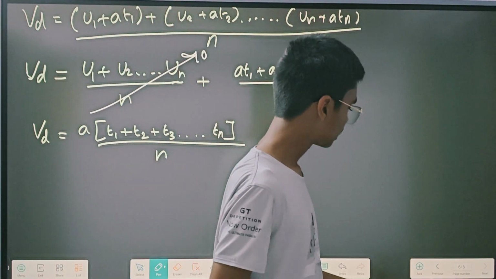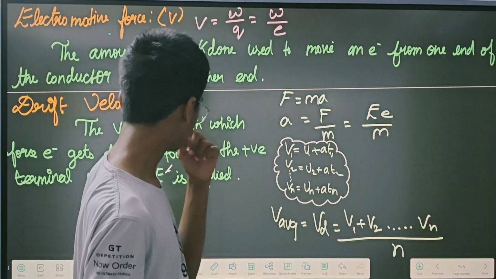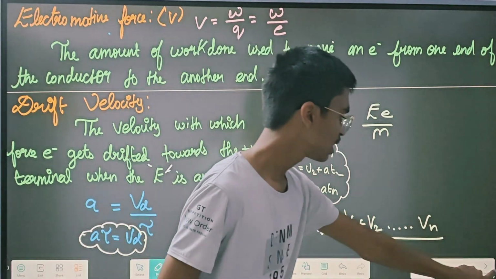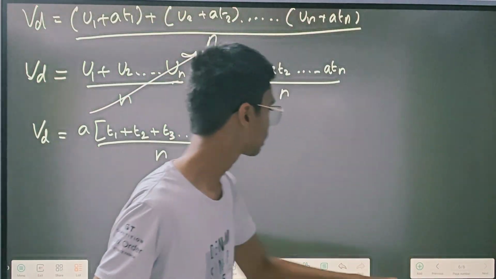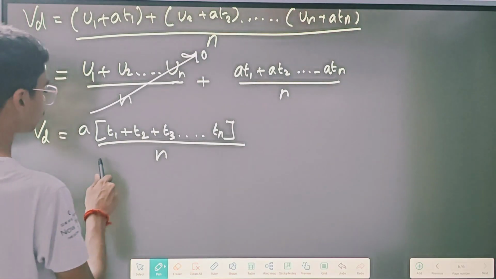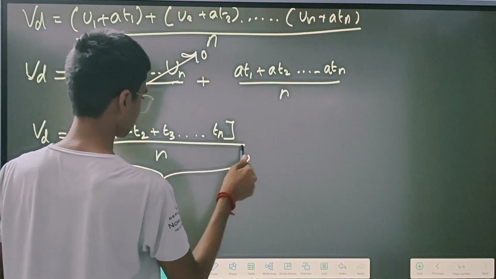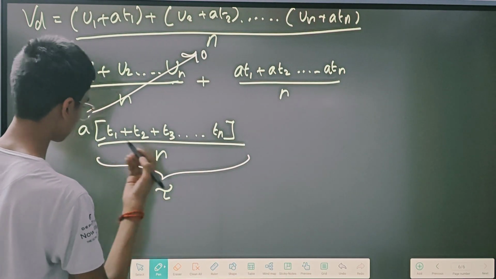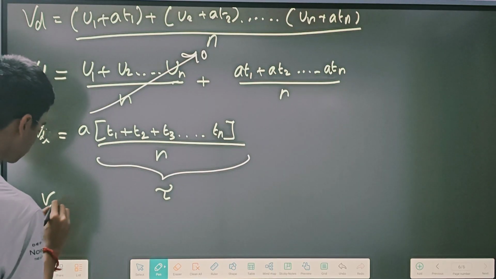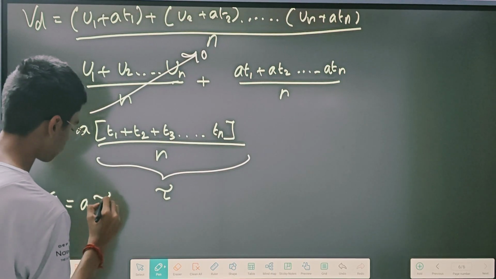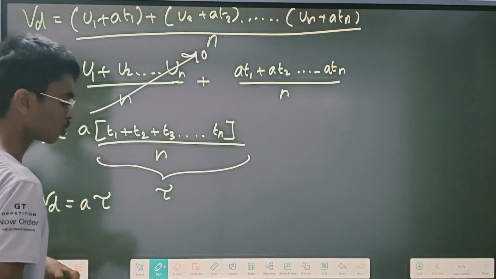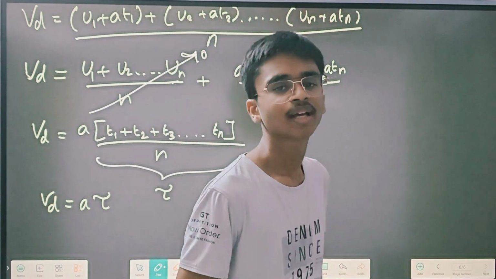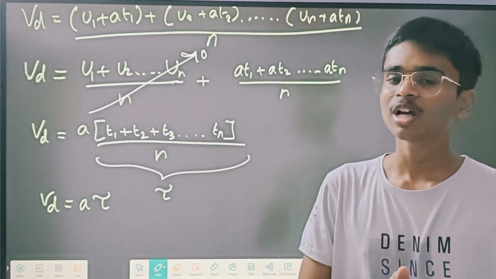Already I have drawn it here once, but I have erased it. This particular term is what is known as tau. So Vd is equal to acceleration into tau. So at last you have got everything, and with this we will be completing this video.